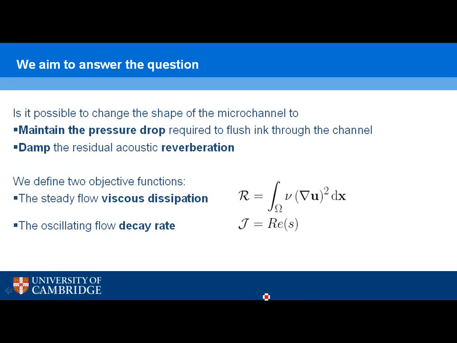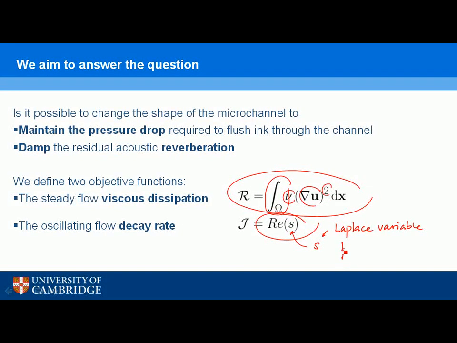And so we define two objective functions, one for the steady flow, which is the viscous dissipation in the steady flow, so we have the gradient of the velocity field here squared multiplied by the viscosity, and then we integrate that over the volume. And the other cost function is the oscillating flow's decay rate, and this introduces the variable s, what's known as a Laplace variable, and it's the variable in the Laplace transform that says that the pressure, for example, as a function of space and time, can be expressed as a shape in space times e to the power of s times t, where t is time.